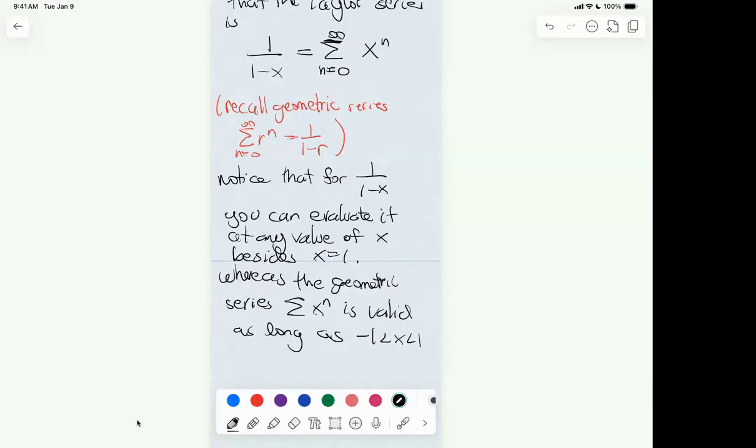So what that means is that in this formula, you are allowed to plug in any value for x, provided it's between -1 and 1.